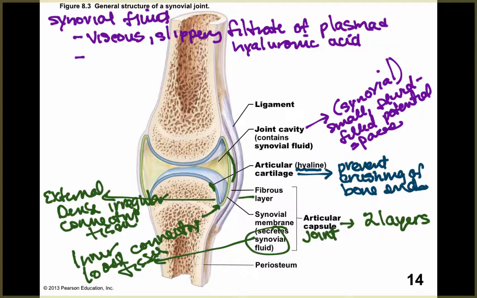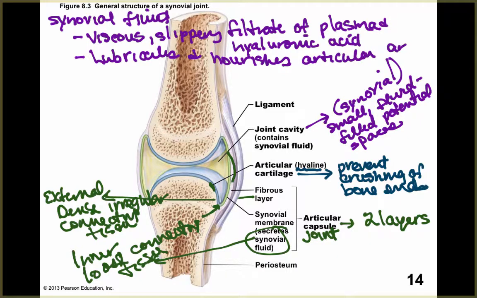Its main function is to lubricate and nourish articular cartilage. It's also there to help remove microbes and debris because it contains phagocytic cells.